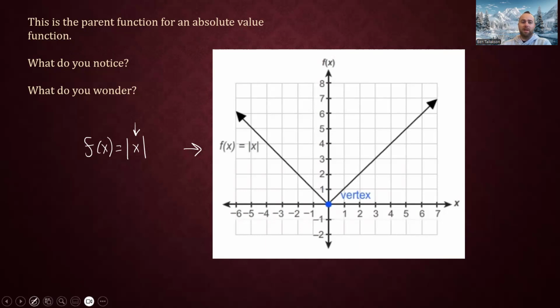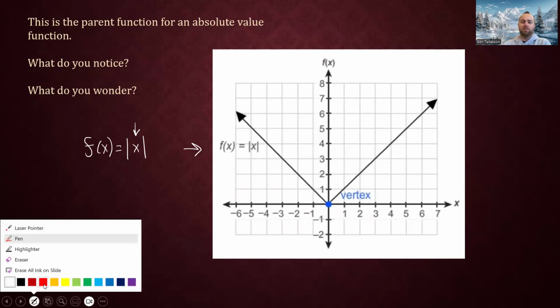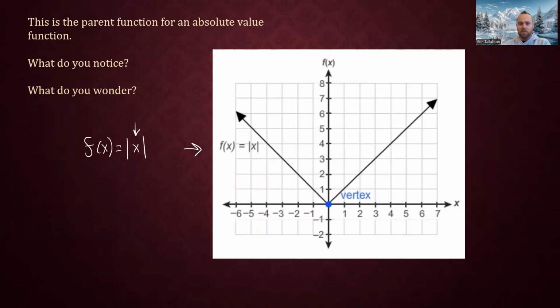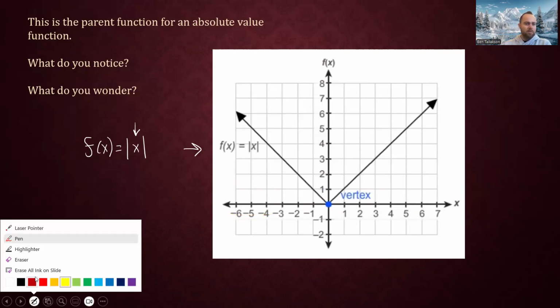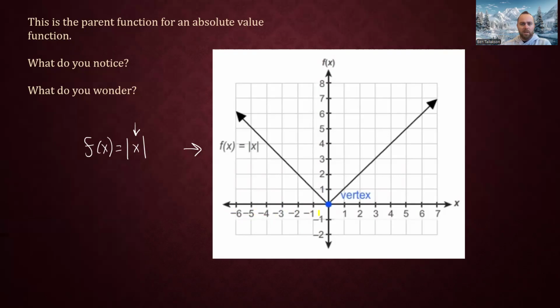No, right? Because absolute value is distance from zero, right? So if we put in, let me get my highlighter. If we put in negative x values into our function, we are only going to get positive y values out, which is why you see this line going up and to the left.